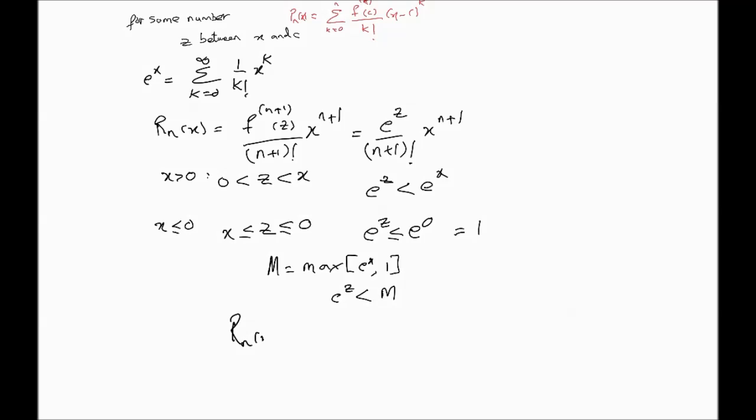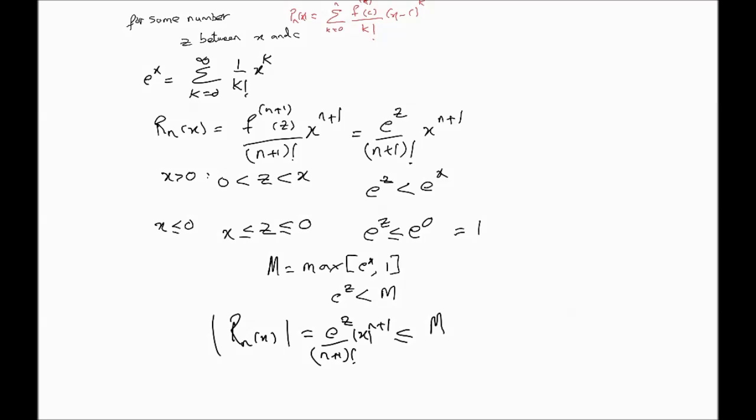So the size of Rn of x is going to be this expression that I just showed you a second ago, e^z over n plus 1 factorial times x to the n plus 1 power, and of course the absolute value of that, which is going to be less than or equal to, now e^z is bounded above by m, so we're going to replace it by m because we don't know what z is.